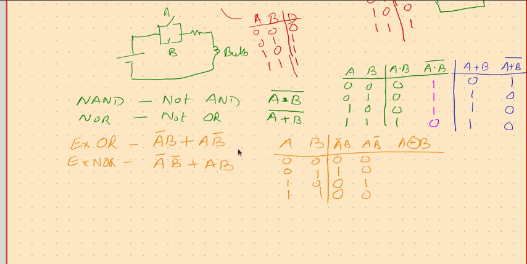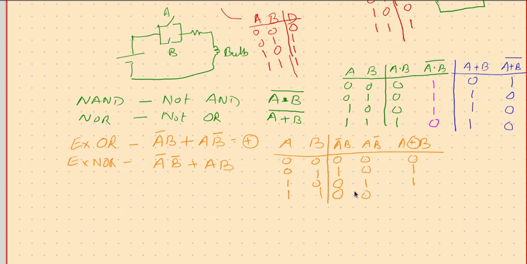And that's the symbol used for XOR. So when we use the XOR, that means the OR operation of these two. If one of the inputs is 1, output will be 1. Both are 0, so output is 0. One is 1, so output is 1.